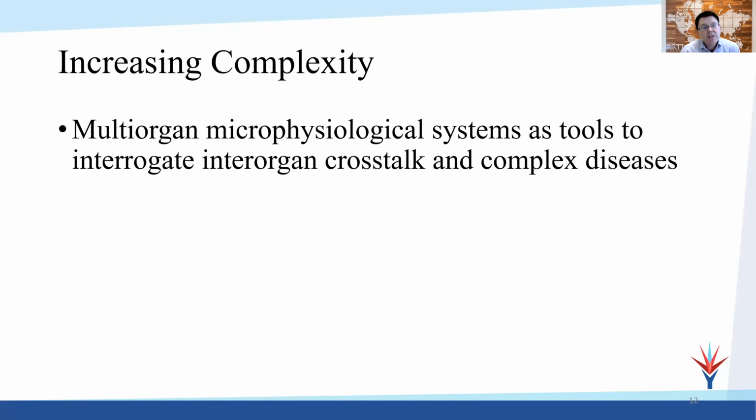So in terms of increasing complexity, multi-organ microphysiological systems as tools to interrogate inter-organ crosstalk and complex diseases. Basically, let's put all these MPSs together and let's generate an artificial mouse or an artificial rat.